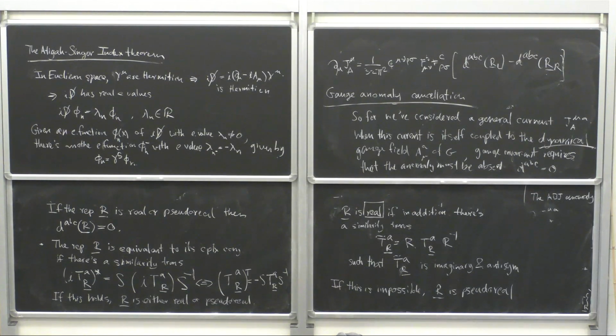But for your basics, you should know examples. The adjoint representation of SU(N) is always real. The fundamental representation of SU(2) is pseudo-real. The fundamental representation of USp(2N), which you have heard of in some gong show, is pseudo-real. So these are representations that you kind of know. And now to prove that D is 0, you just have to use the trace.